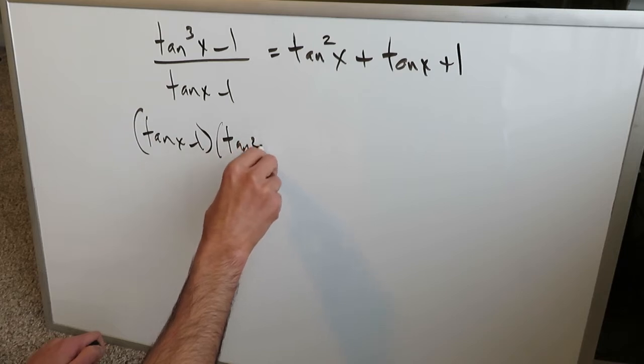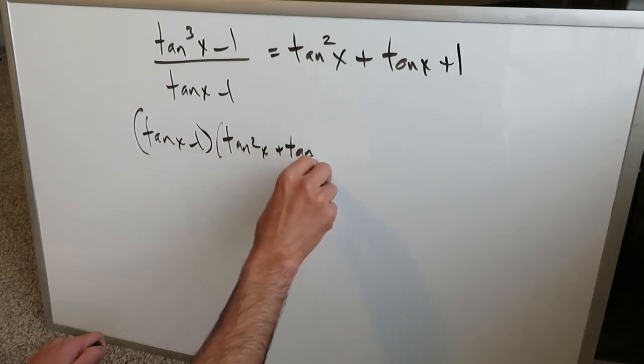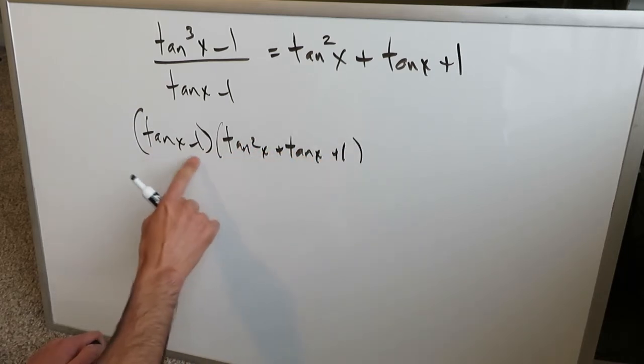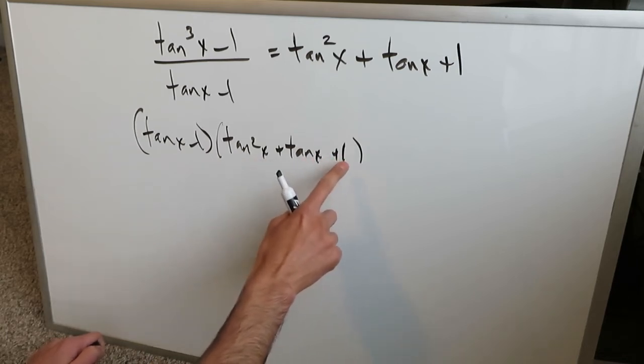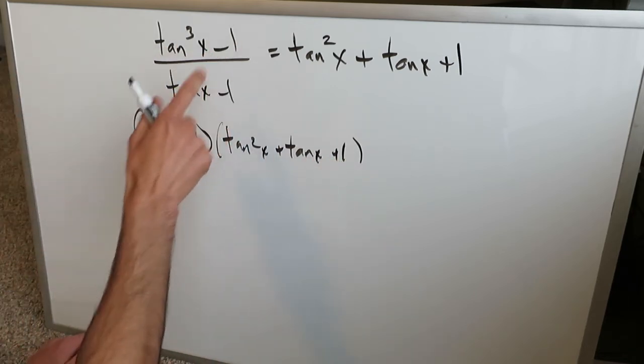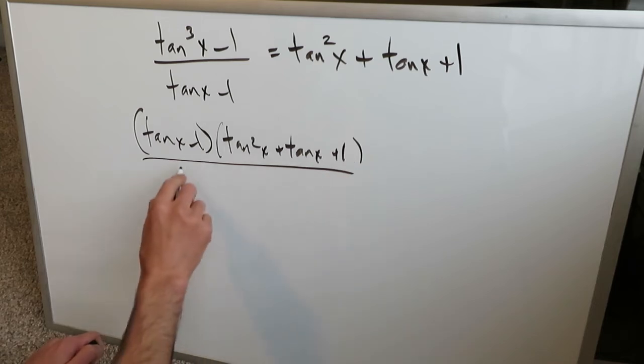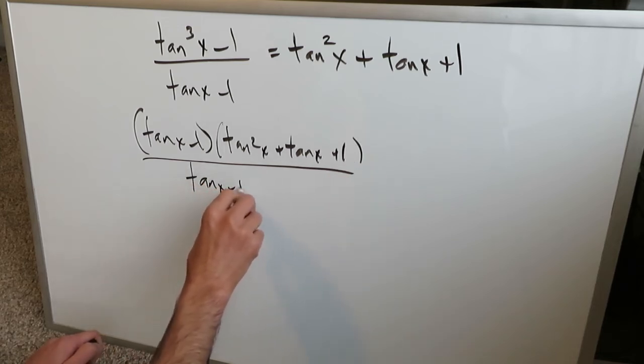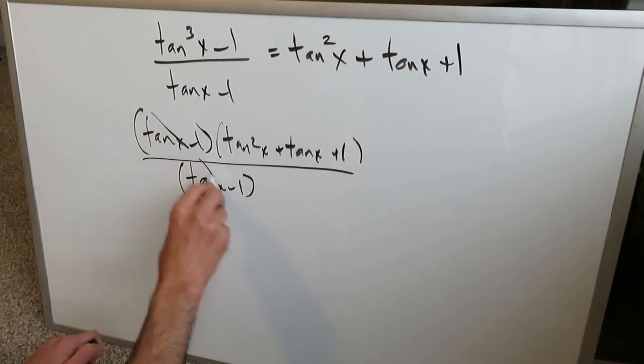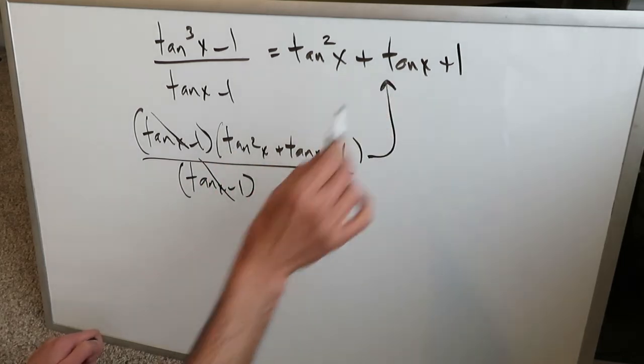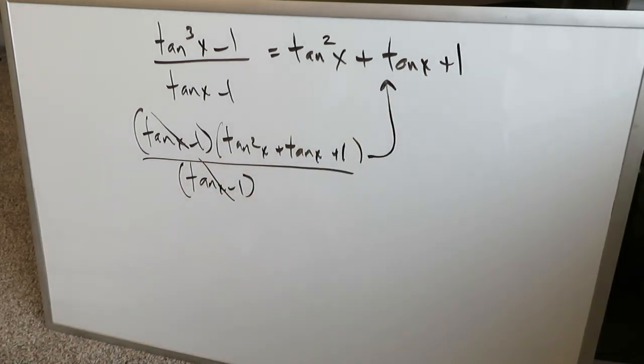You'll have a tan square x plus tan x plus 1. A minus b times a squared plus ab plus b squared, using that numerator item. Here you'll still have tan x minus 1. When you cancel out this and this, your remaining expression is exactly what you see over here. And this seemingly difficult question is very easy and quick to be done.